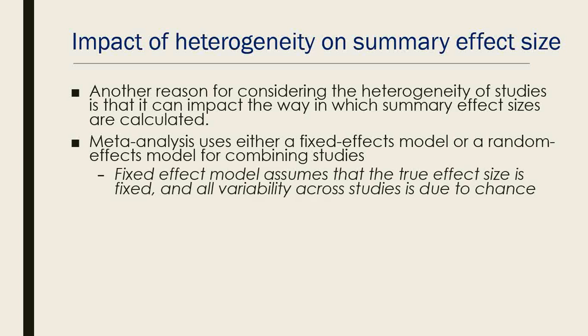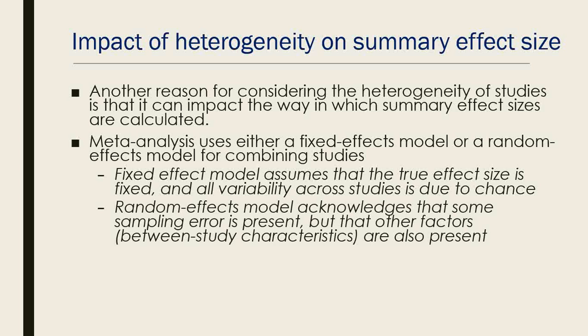Now, the actual logic behind this is rather complex, and I won't bore you with the statistical theory, but a fixed effect model assumes that the true effect size in the underlying population is fixed, and so all the variability that you see across the studies in your meta-analysis is purely due to chance.